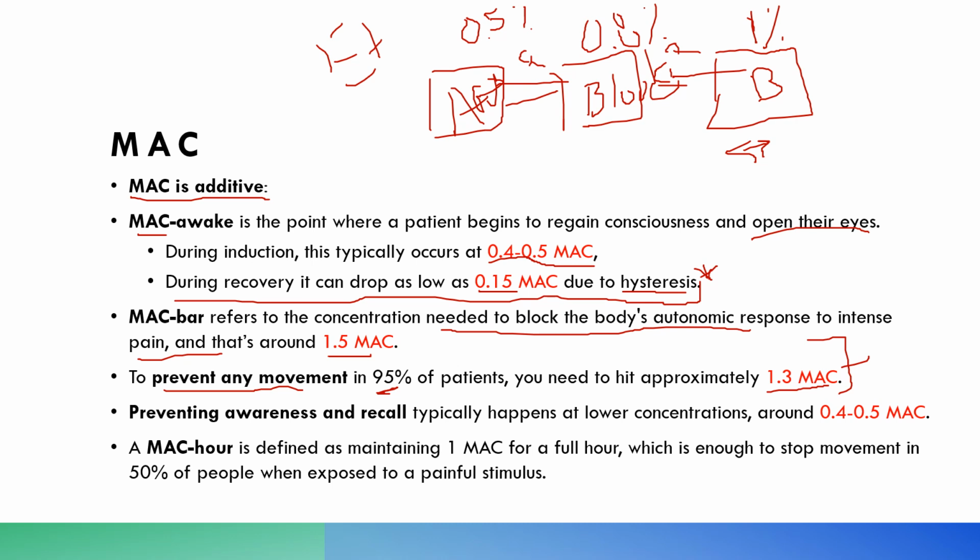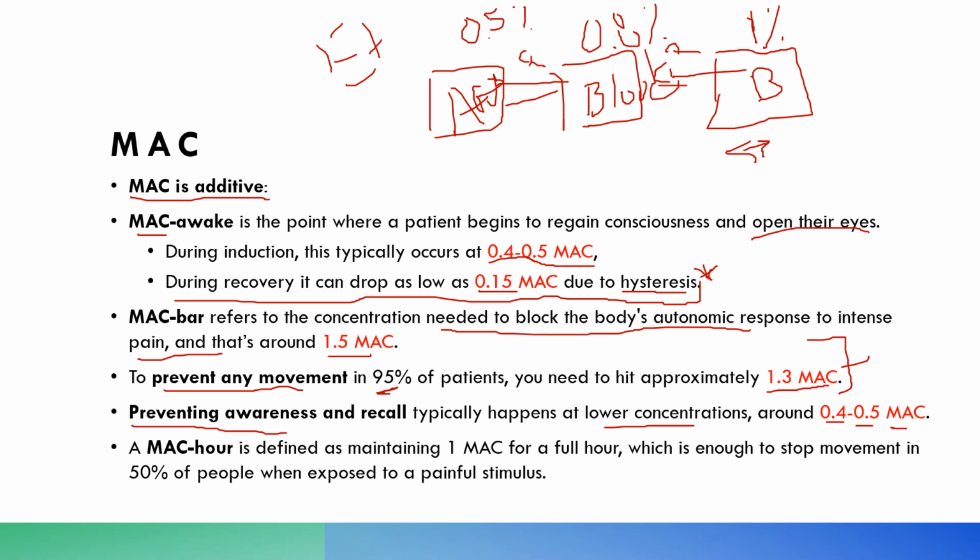We are not considering any other anesthetics that we have on board. So I don't want you to think that you have to get every patient to 1.3 MAC to prevent movement. If you have narcotics, other adjuncts on board, that number decreases, right? We all know that. So preventing awareness and recall typically happens at lower concentrations, around 0.4 to 0.5 MAC, okay?